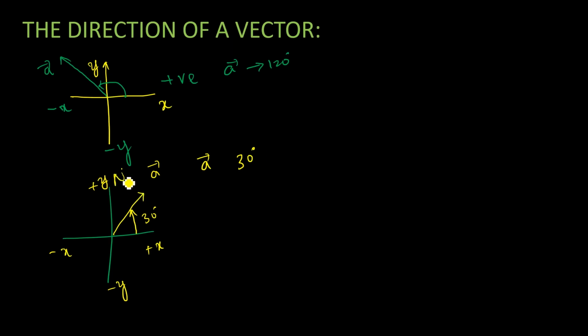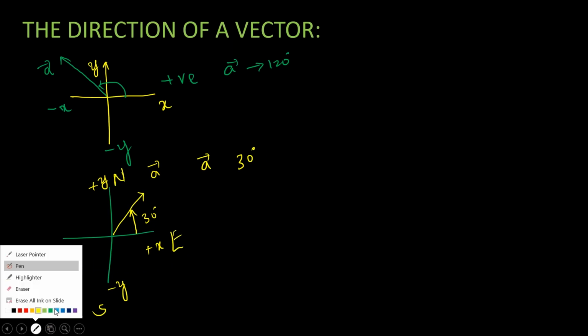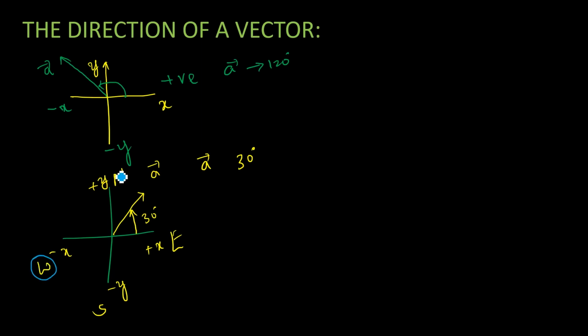So this is north, south, east and west. Here it is 30 degrees north of east.